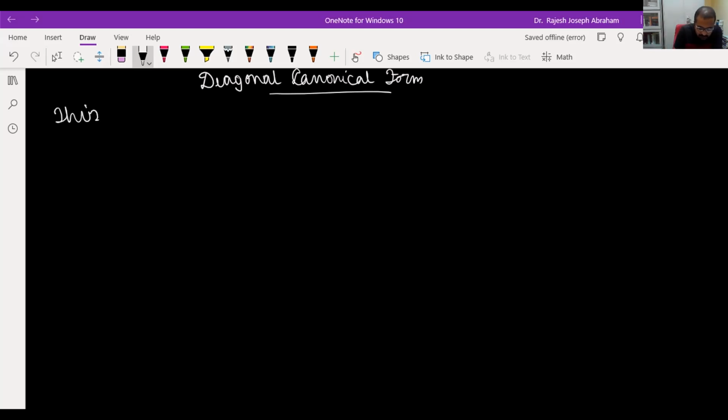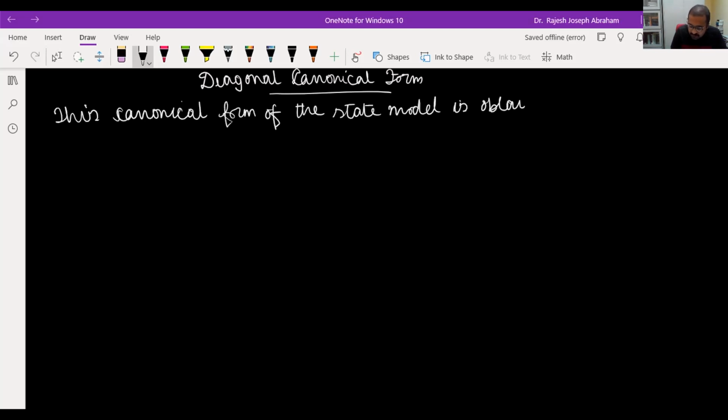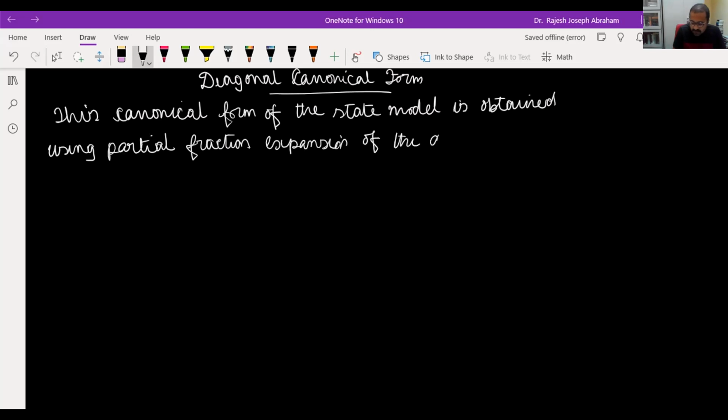This canonical form of the state model is obtained using partial fraction expansion of the given transfer function, provided the poles are distinct.